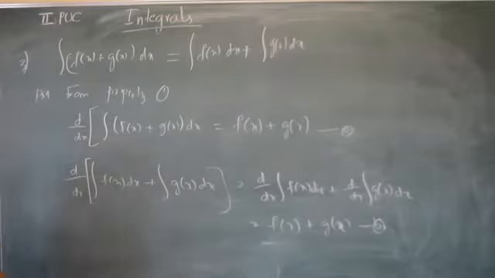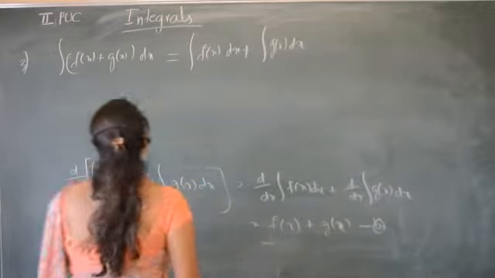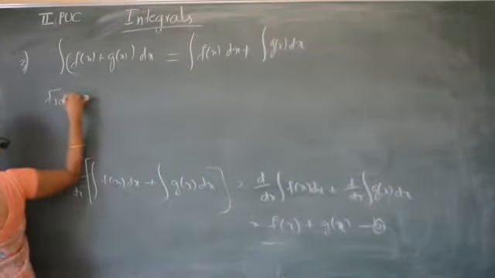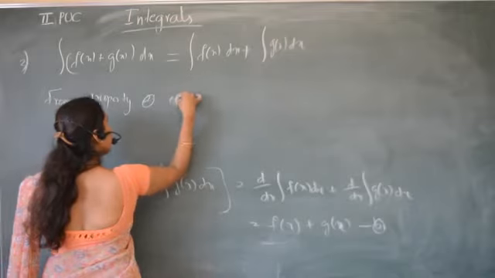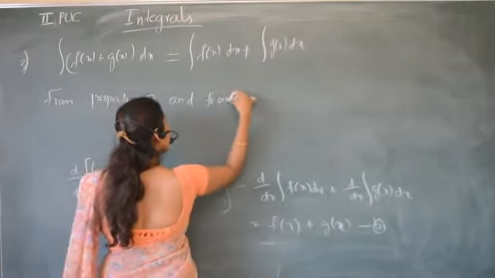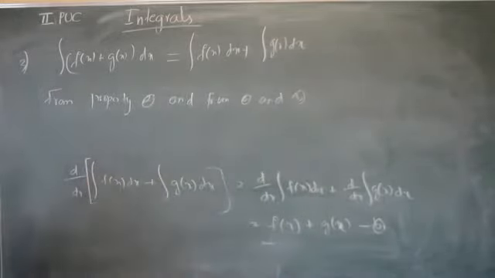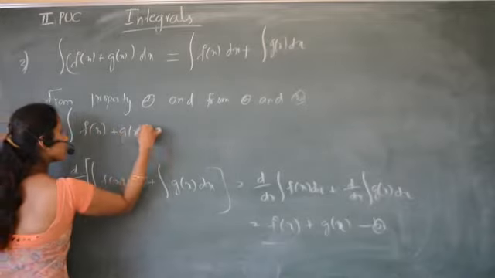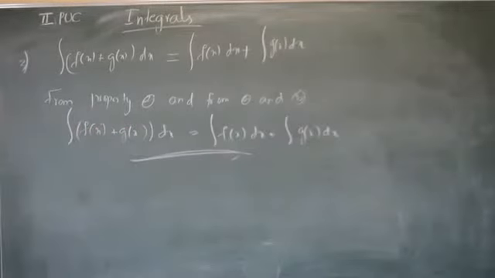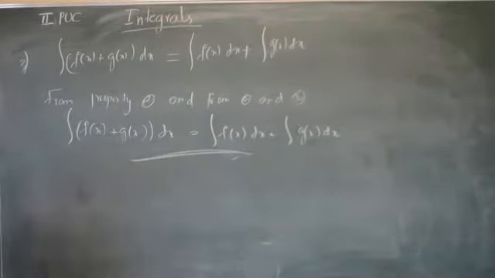So from property 2 and from A and B, what we can write is that the integral of f of x plus g of x dx will be the integral of f of x dx plus the integral of g of x dx.